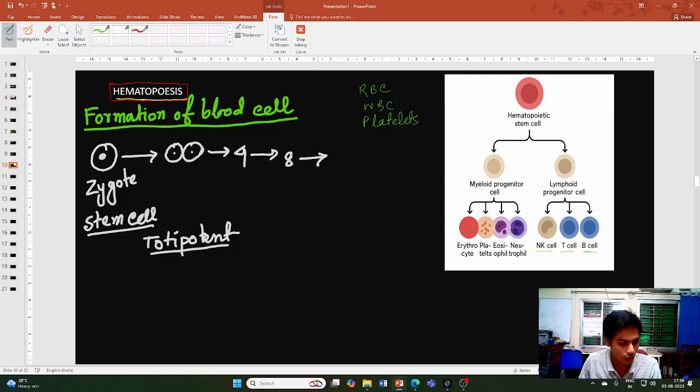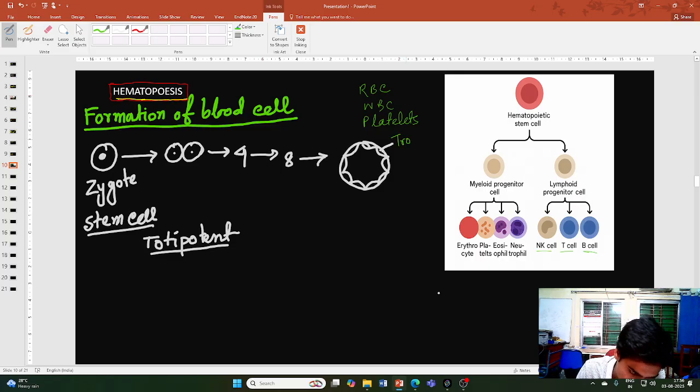Now we come to the blastula stage, where one ball-like structure will form, and the upper layer is known as the trophoblast. These are the trophoblast cells.